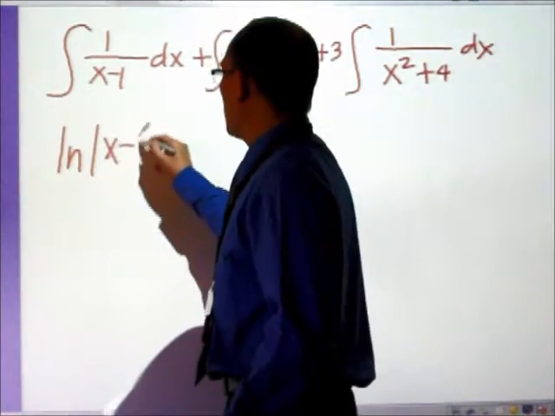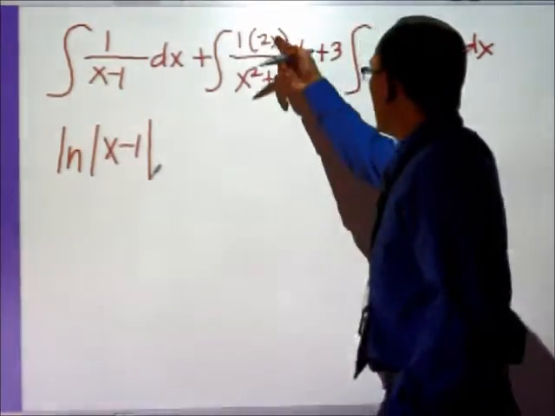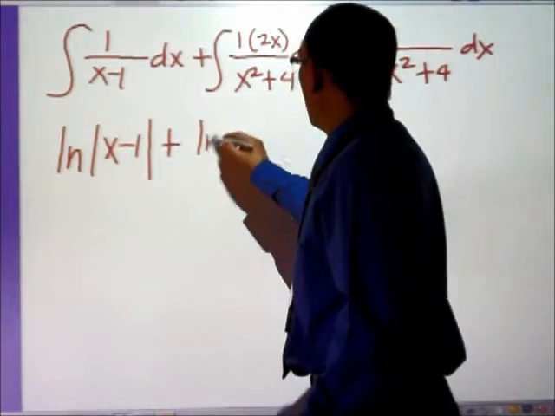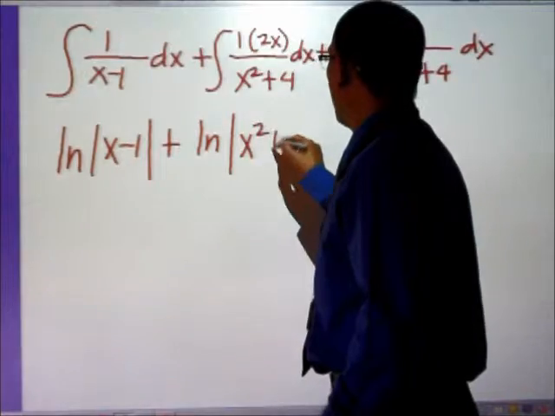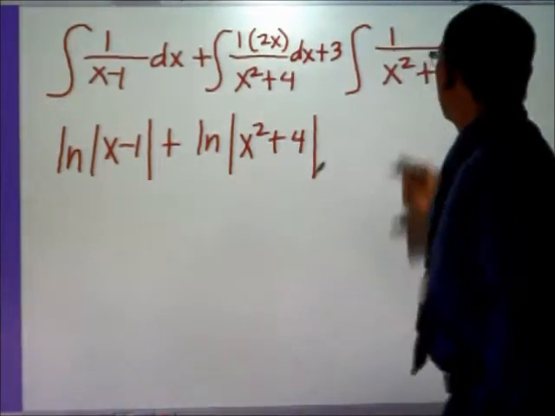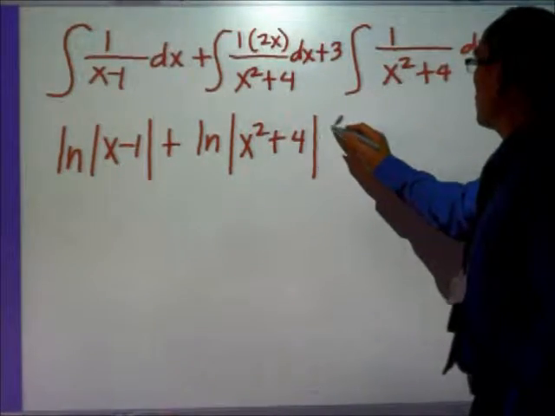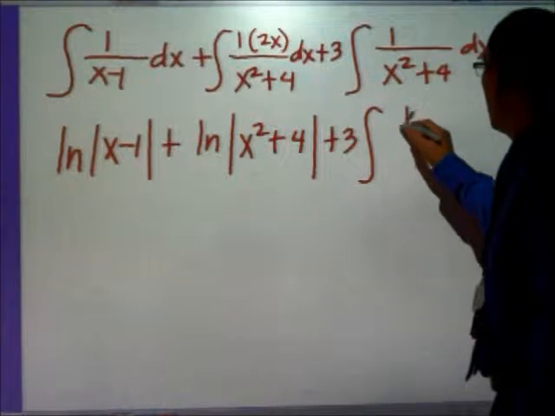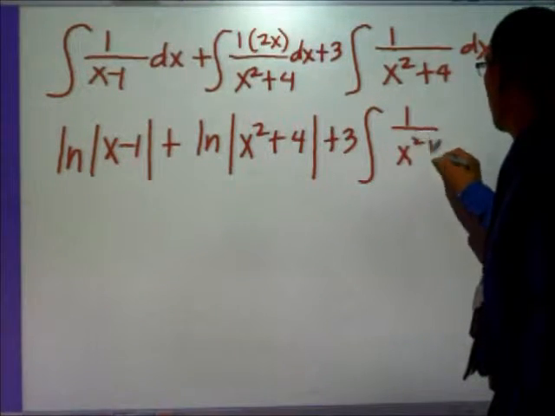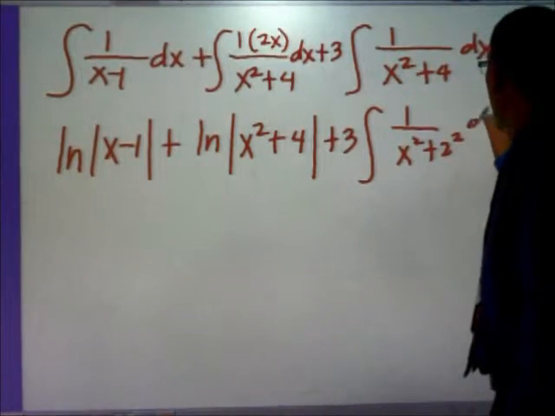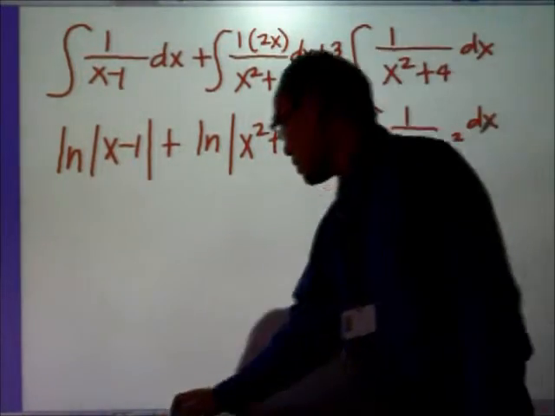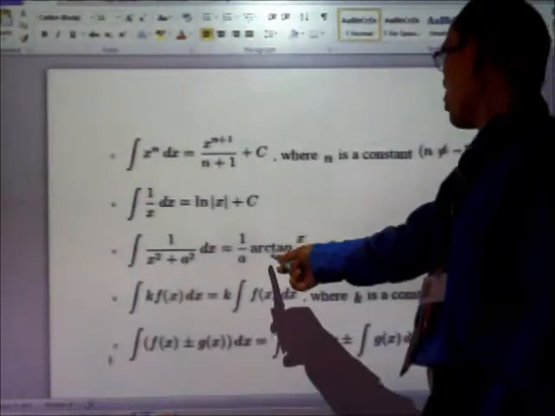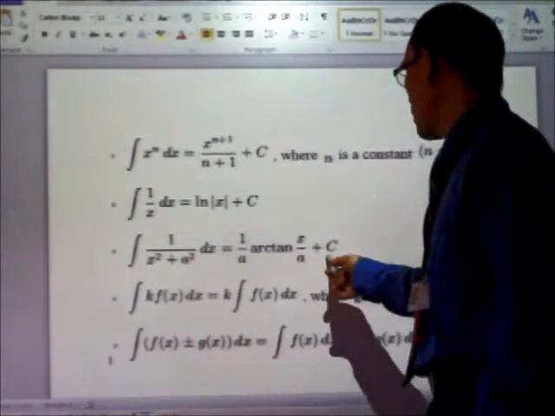ln x minus 1. This one here is actually plus ln x squared plus 4. And this one here is plus 3 times 1 over x squared plus 2 squared dx, so one of our rules here is this one.